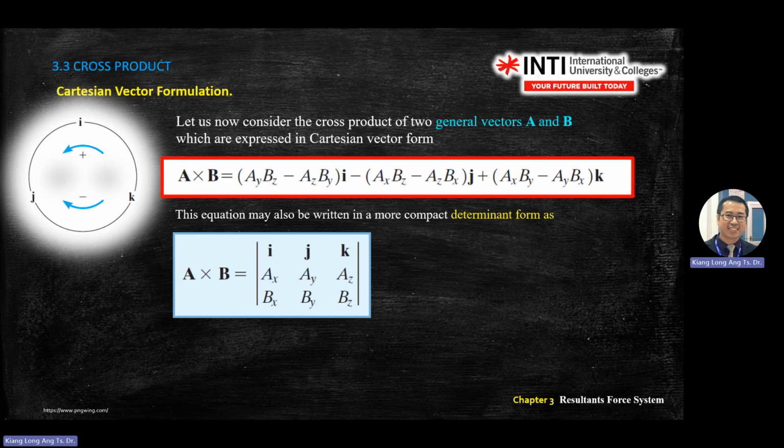But actually it guides you to solve the question, just in case you forget. If you write this determinant form, you get marks already. If you draw this one, no marks, but it will help you find positive and negative. But this one, yes, gets marks. I hope this is useful to help you.